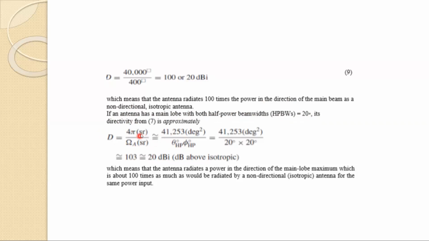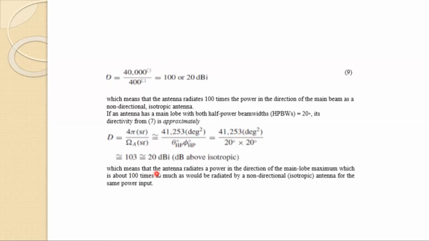Updated formula: 41,253 or 4,000 divided by theta half plane times phi half plane. Therefore 41,253 divided by 20 into 20, answer equal to 103 or approximately 100, same as isotropic.